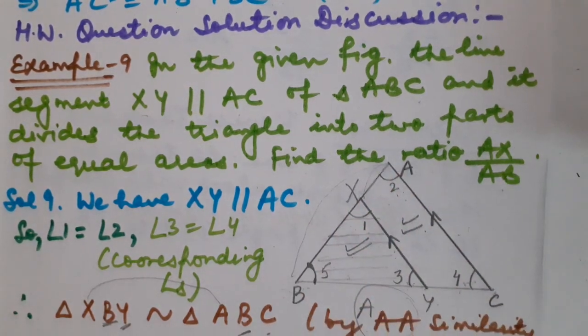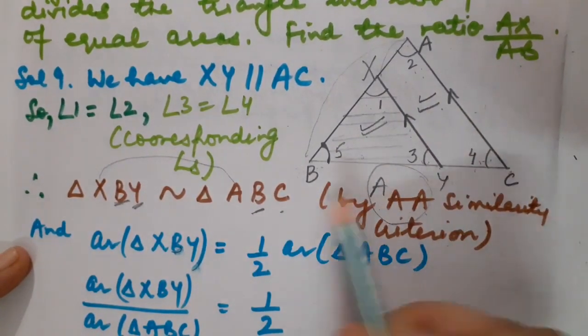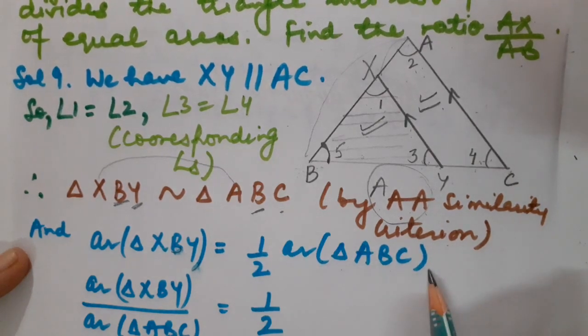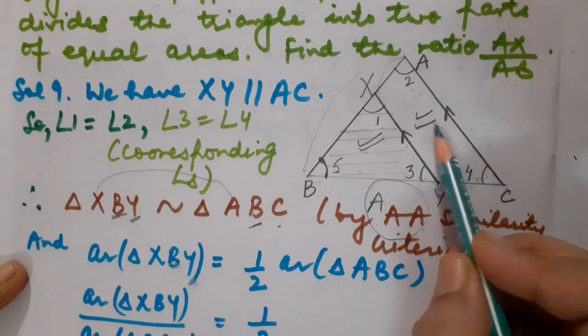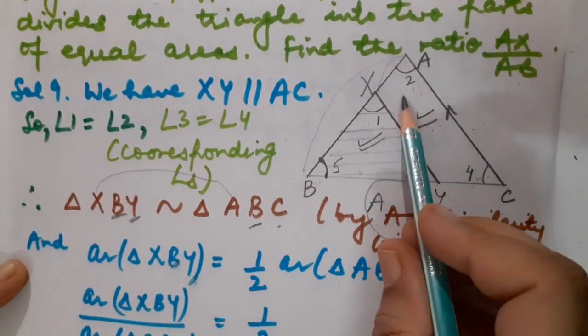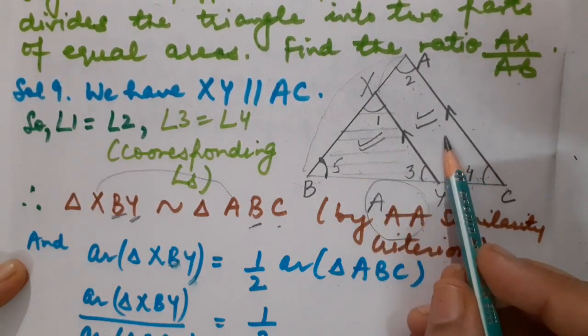Of course, we can conclude. So area of triangle XBY is equal to half of area of triangle ABC. How? Because this part and this part, they both are equal and they are going to form the complete triangle ABC. So it means they both are equal to half of the complete triangle ABC.